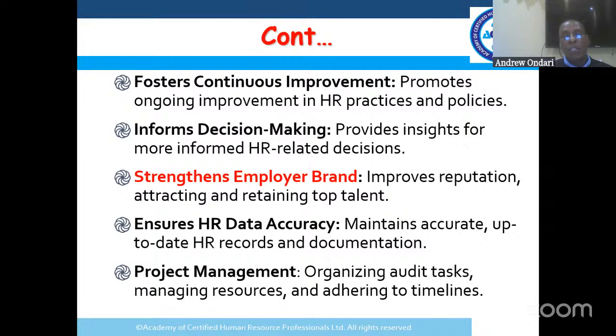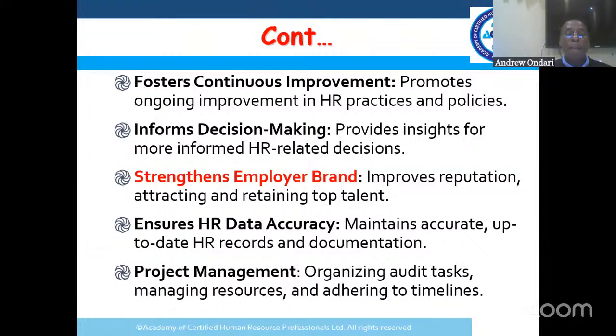You cannot conduct HR audits throughout the year. There must be a time period within which you can do this. HR audit is conducted within a budget. So it's expected that as we conclude this course, when you initiate an audit process, you will have a budget for it.